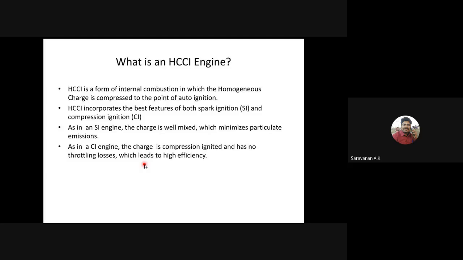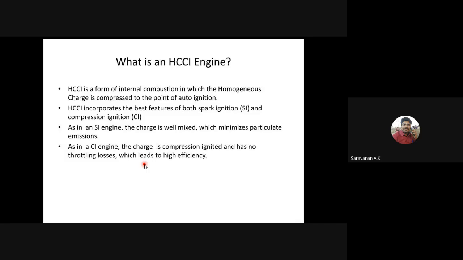The HCCI is potentially applicable to both light and heavy duty engines, either light type vehicles or heavy type engines.